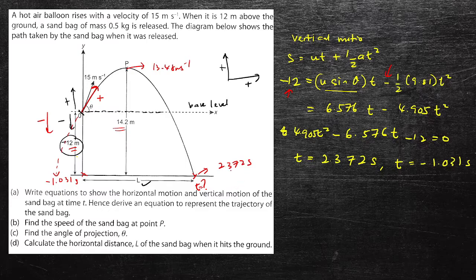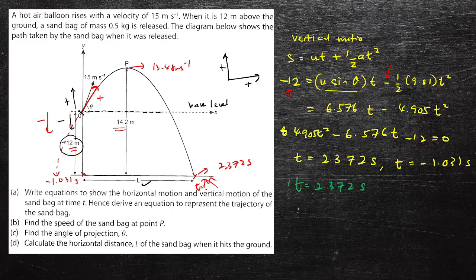So we got the number. How much is the number? 2.372 second is the t over here. Then we can use the horizontal motion to find the length. So we use t equals to 2.372 second, and we put it into the horizontal motion.